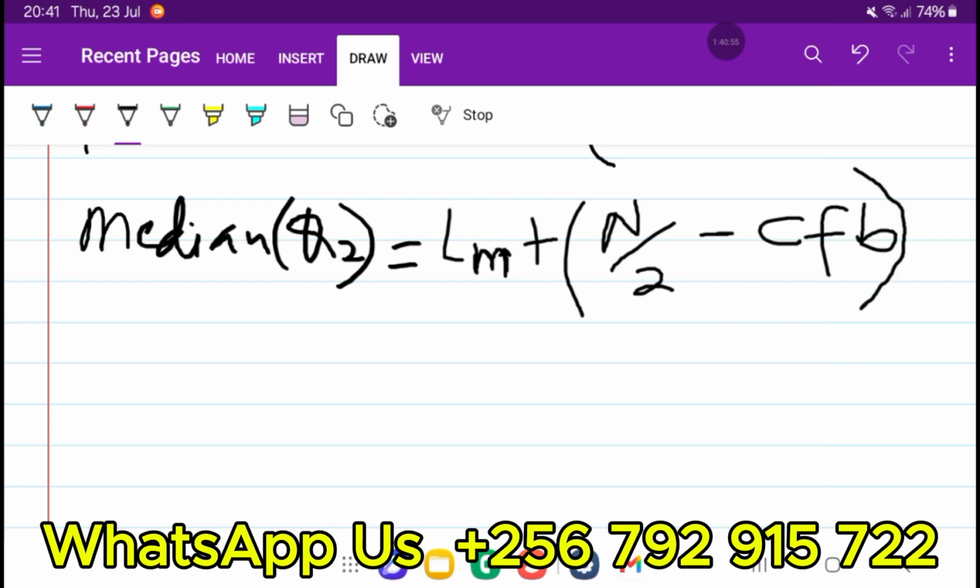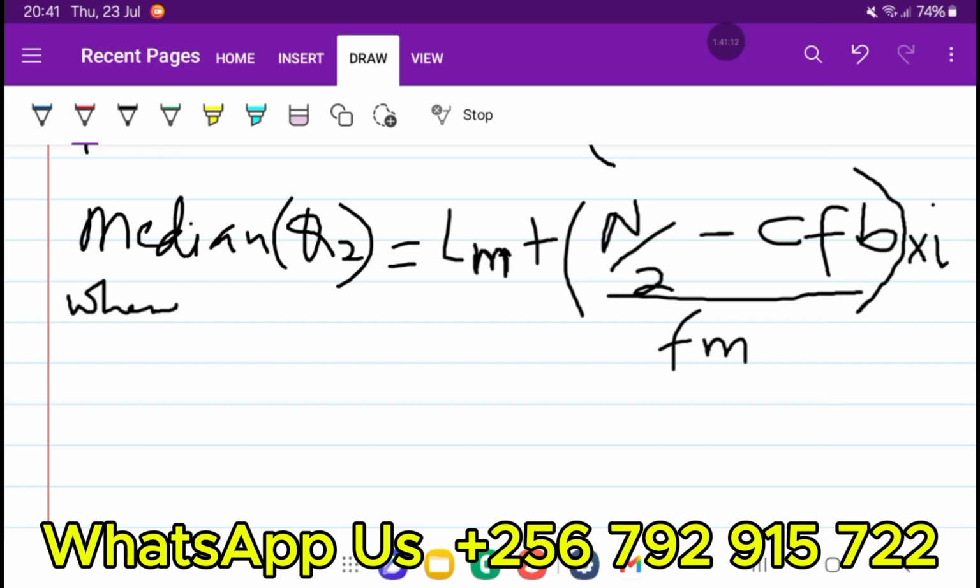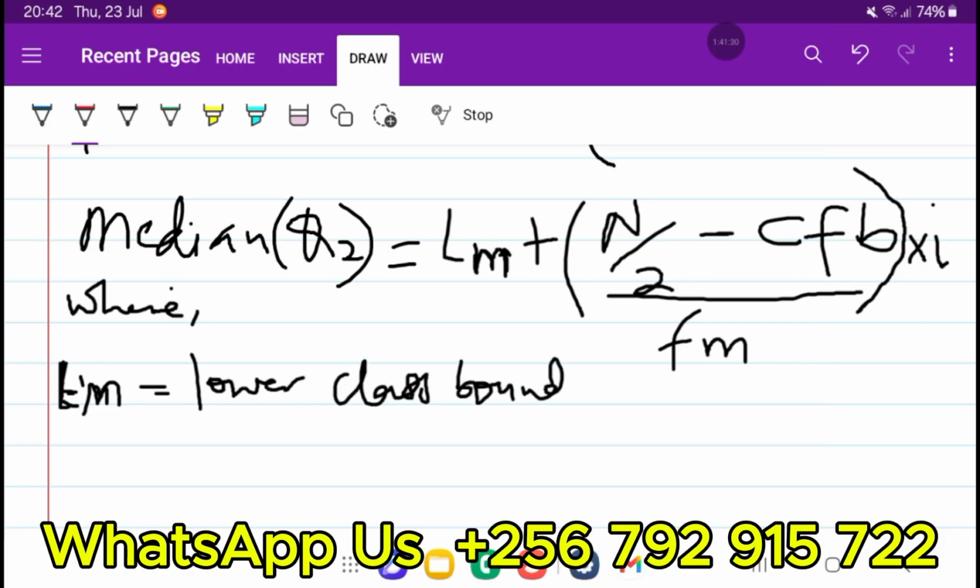You close the bracket, all of that is going to be divided by Fm times I. We said the LM, where LM is the lower class boundary of the median class.